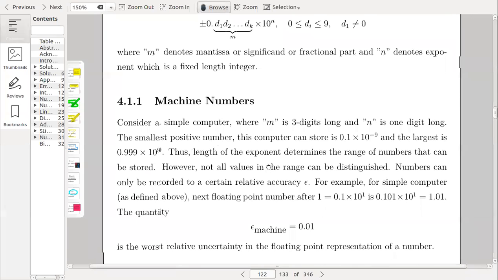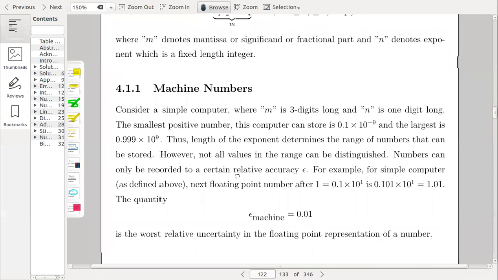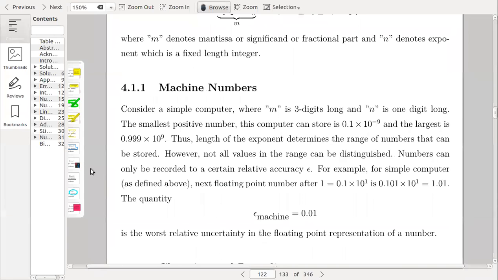Now to understand how machine numbers work, consider a simple computer where m is 3 digits long and n is 1 digit long. The smallest positive number this computer can store is 0.1 multiplied by 10 to the power minus 9, and the largest number is 0.999 times 10 to the power 9.